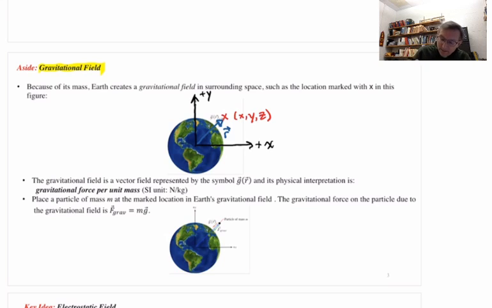All right, here comes its definition. The gravitational field at that point I've marked with the red X, first of all, it's a vector field, and it's going to be represented by the symbol G arrow of R arrow. We've got to get used to that notation. G arrow, you're used to seeing that before, right?